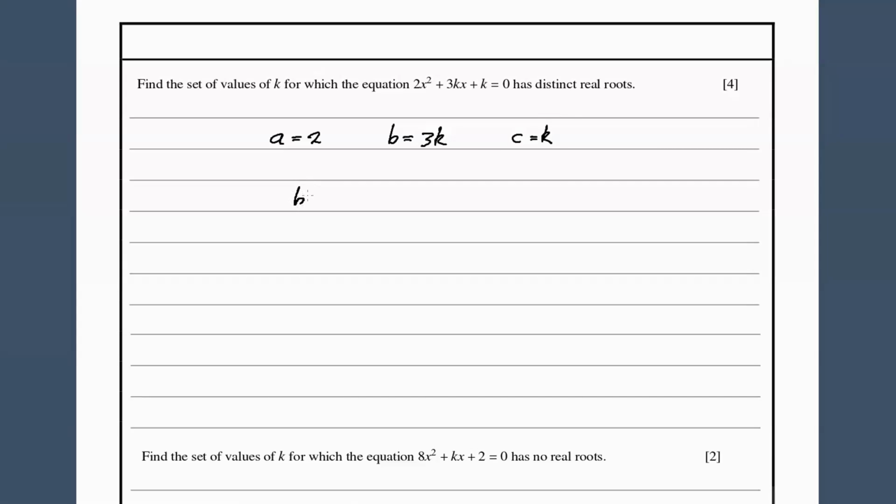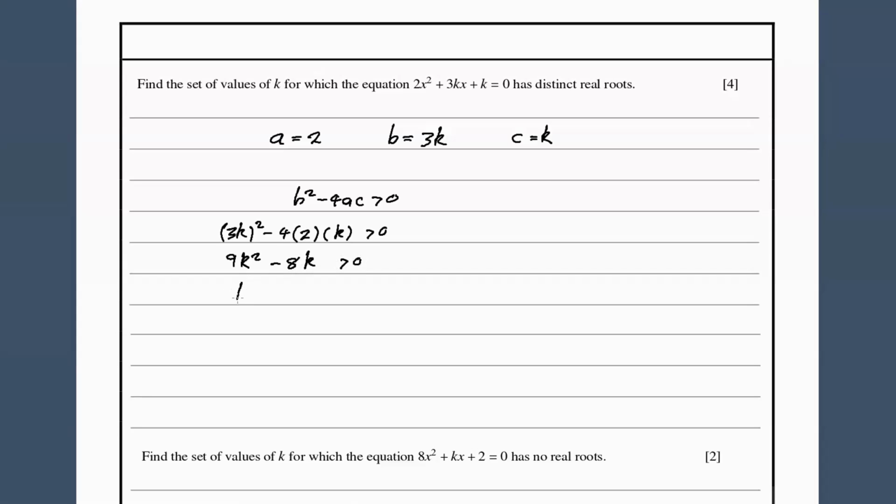So b squared minus 4ac should be greater than 0 if we have distinct real roots, which means that 3k squared minus 4 times 2 times k should be greater than 0. So 9k squared minus 8k is greater than 0.